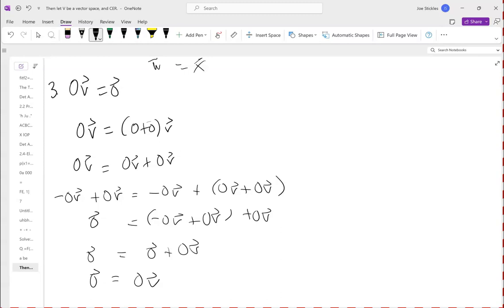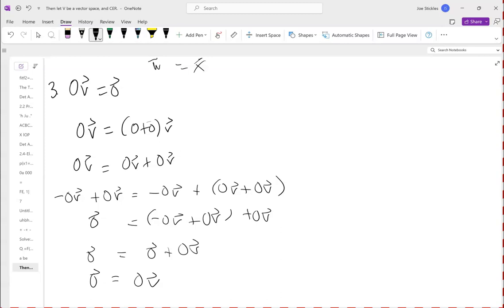So notice there's a lot of algebraic properties going on to prove this, right? I got a distributive property that I need to know exists here. Then I got to know additive inverses exist. I've got to know that I'm able to regroup. This is still additive inverse property, but then I also need to know I have a 0 vector.